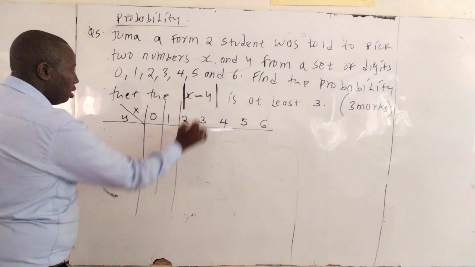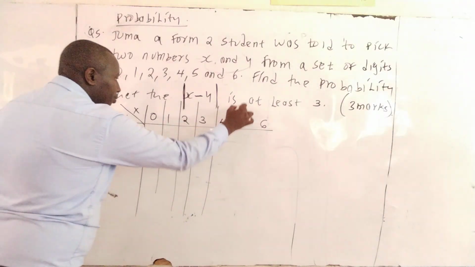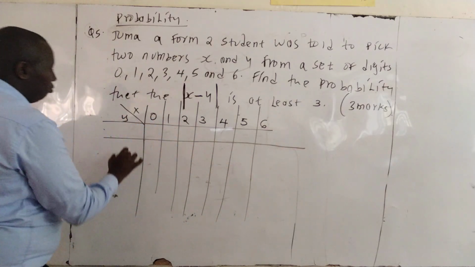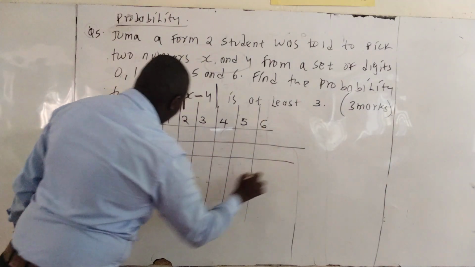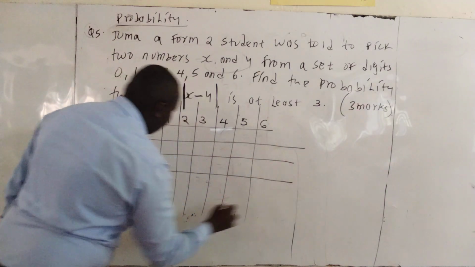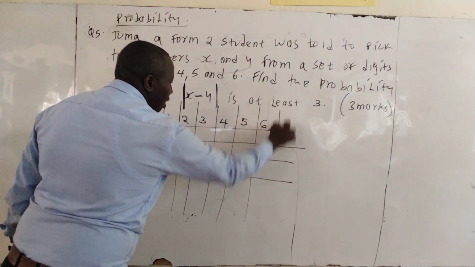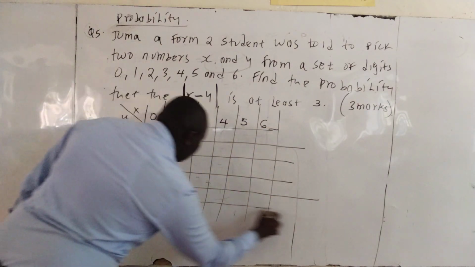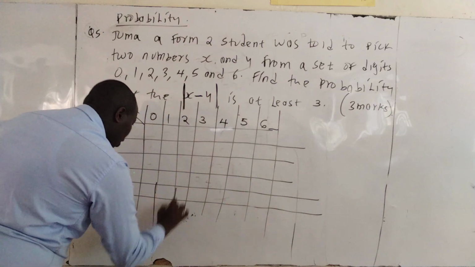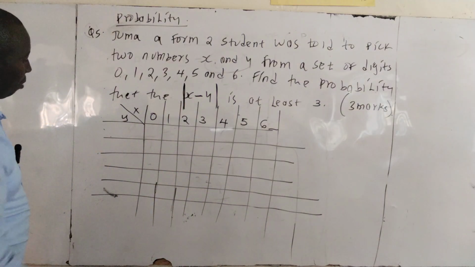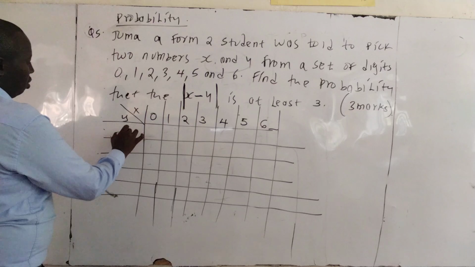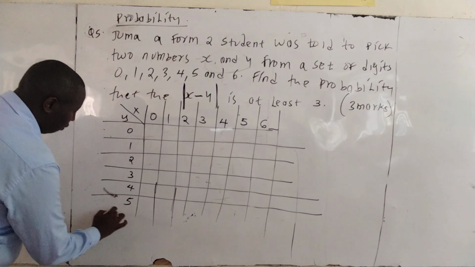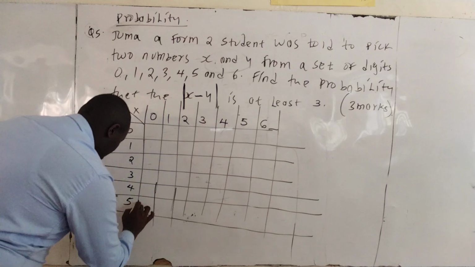Then the values of y, the second digit, should run vertically so that you can create a probability space for this. So 0, 1, 2, 3, 4, 5, the last one 6.